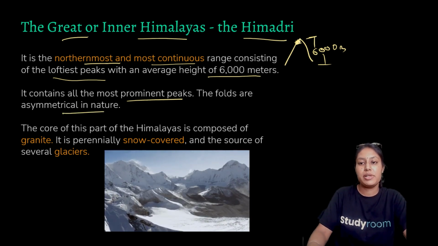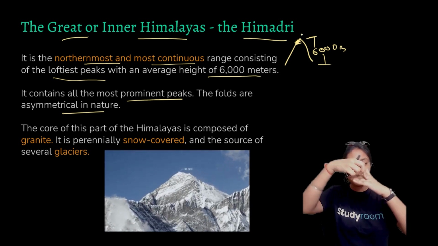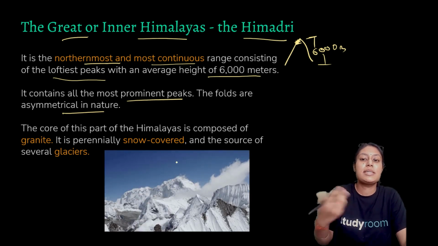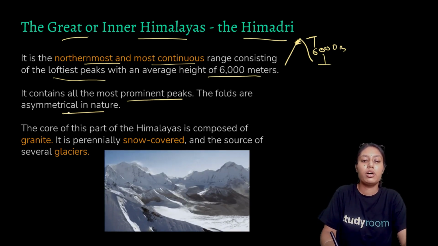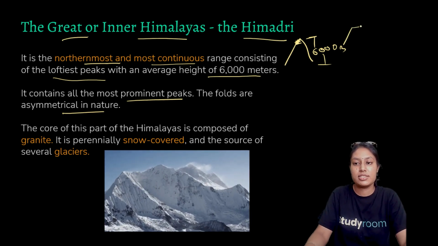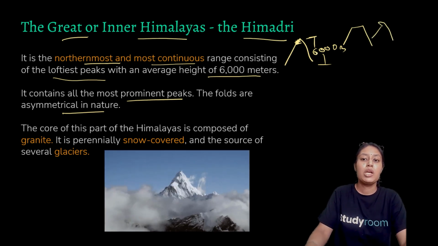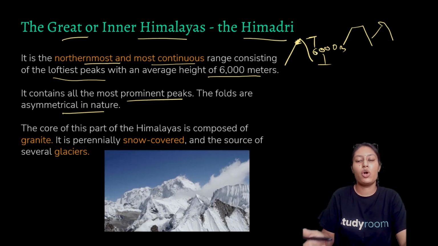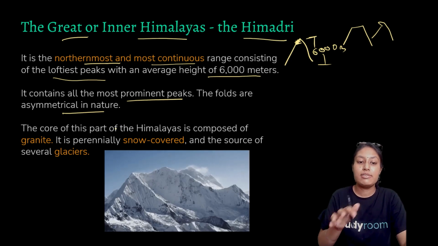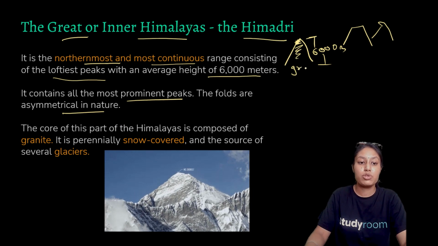For example, as you can see in this picture, it's like the peak, right? But sometimes it's not symmetrical. That's why they are called asymmetrical folds, because sometimes the peak is like this, sometimes the peak has a different shape. And the core part, the internal part of the Himalayas, is composed of granite.